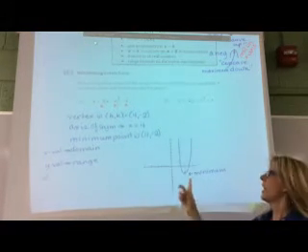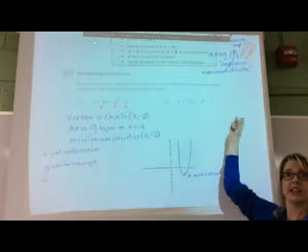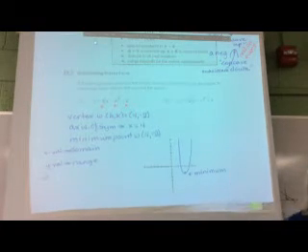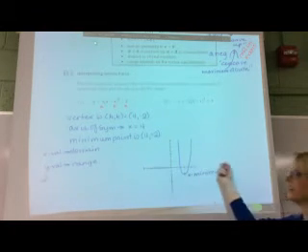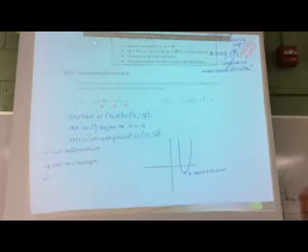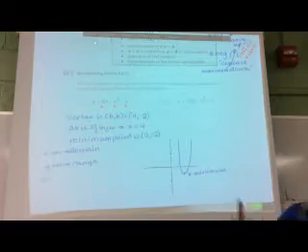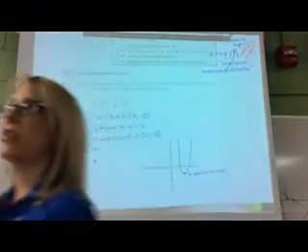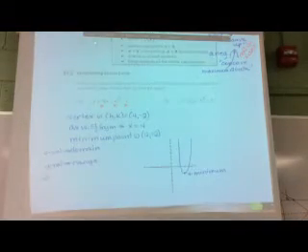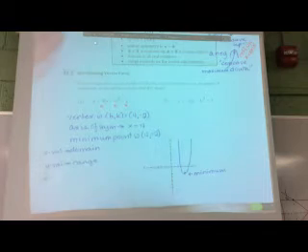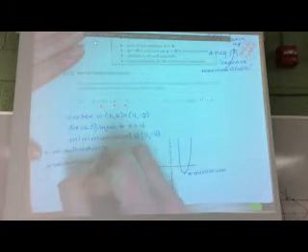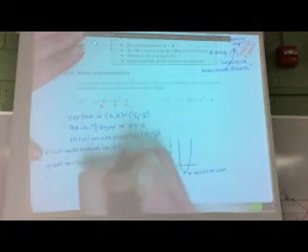Fair enough? And it's going to go off in this direction infinitely. So it's going to go infinitely to the left on the x-axis and infinitely to the right on the x-axis, right? That means the x values that are part of this function are all the x values. So the domain for a parabola, any parabola, is all real numbers.